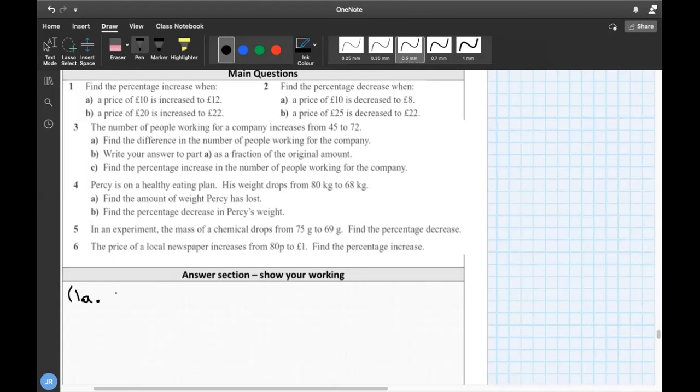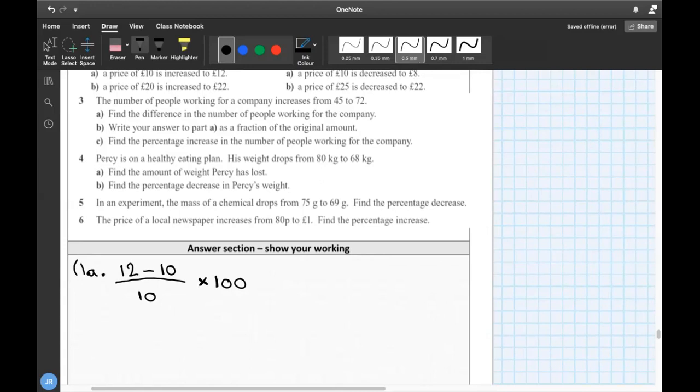So I take my new amount, subtract the original amount, and then I'm going to divide that by whatever the original amount was. Here it started off at £10, that was my original amount. Once I've done all of that, I will get a decimal. I want the percentage change, so I then need to multiply it by 100.